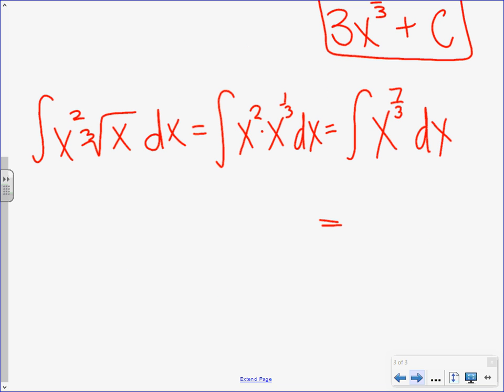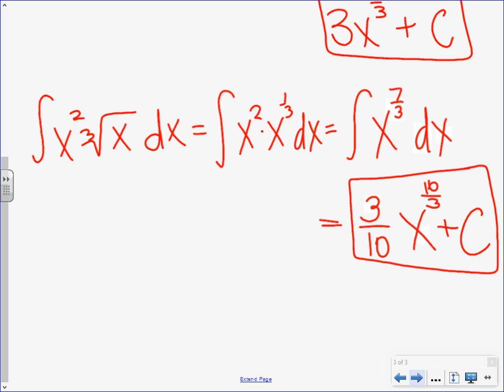Cole Smith. So if we want the antiderivative and we have x to a power, we are going to increase the power by 1 and then, like you said, multiply by its reciprocal.